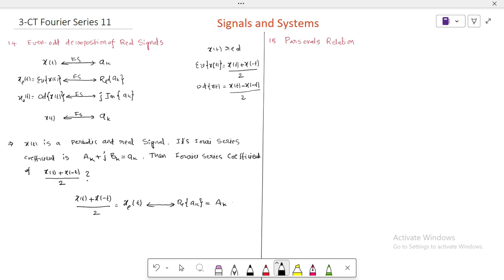For example, V of t is a voltage and I of t is a current.